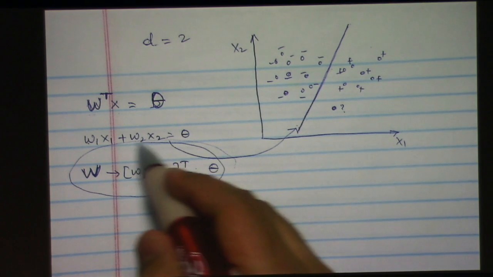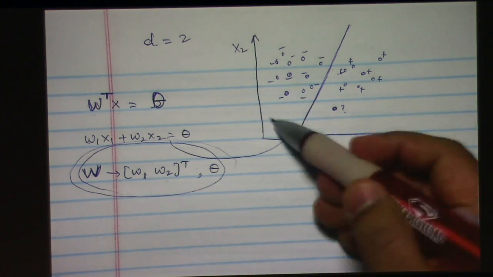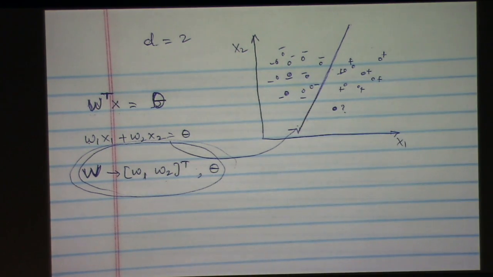We have to search, because the line could be anywhere. So we have to search for the right line. So suddenly the problem becomes more interesting. We are no longer searching in a finite size hypothesis space, but we are searching in an infinite hypothesis space.